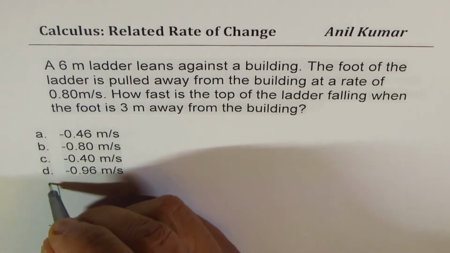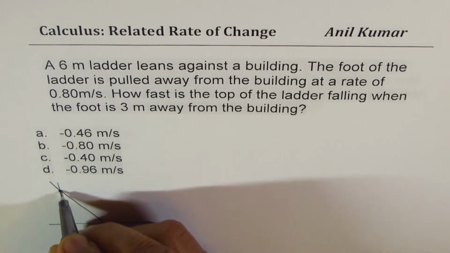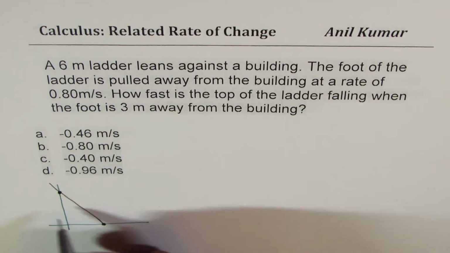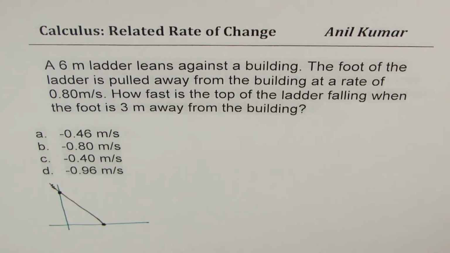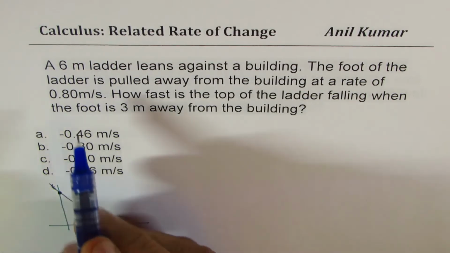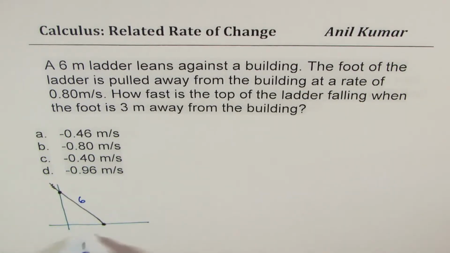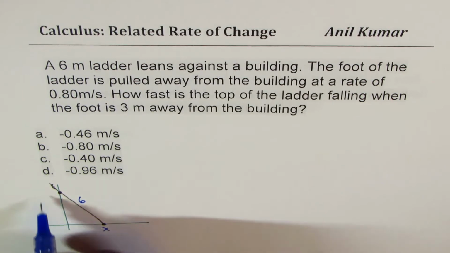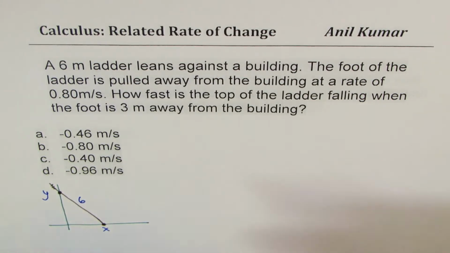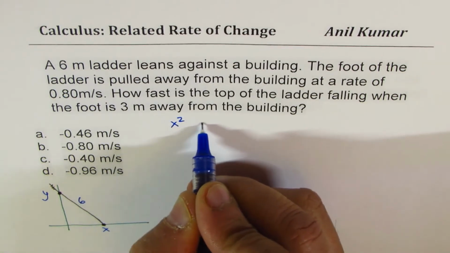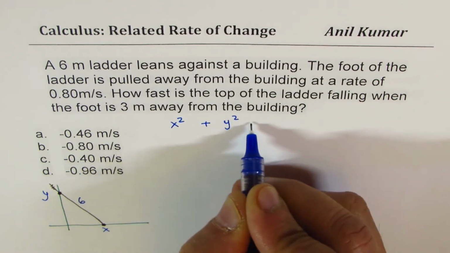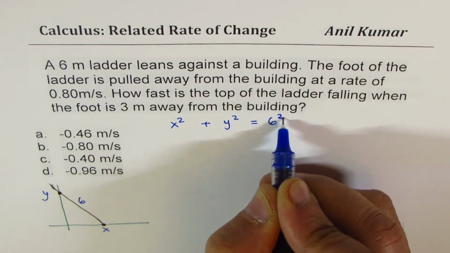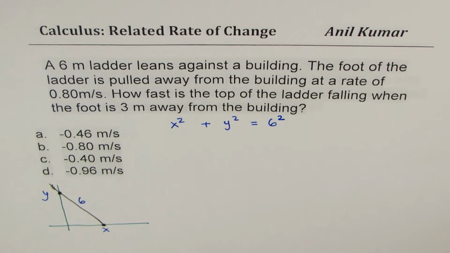Let us say this is the ladder, which is 6 meters. Let us say this is x, this is y. So we can relate x squared plus y squared is equal to 6 squared. So that becomes our equation.